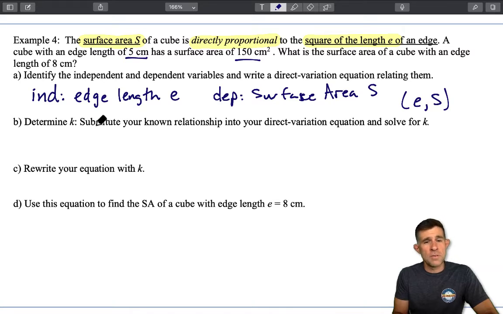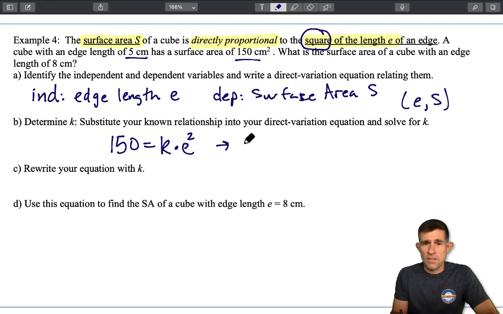Now let's substitute in our known relation. Remember we said when E is 5, S was 150. So we're going to start by saying 150 is equal to K times E squared. Now I'm squaring E because remember it's directly proportional to the square of the length of the edge.